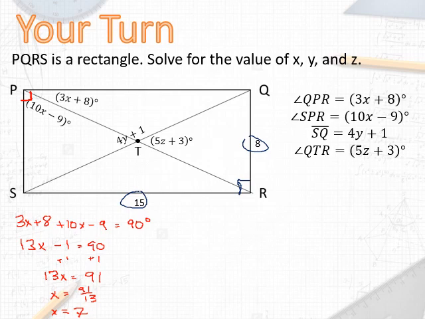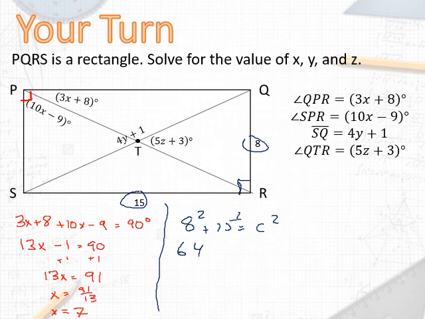So we know if we set this up using Pythagoras' theorem, we should be able to figure out the value of y. So I'm just going to solve for what the length of that hypotenuse should be. So 8 squared plus 15 squared is going to be equal to that hypotenuse squared.